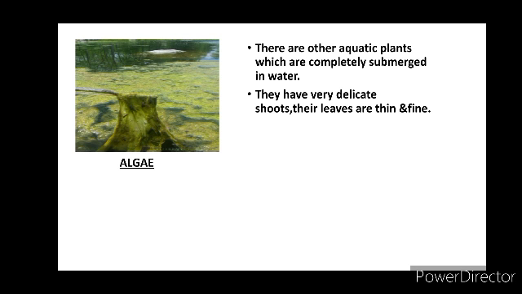There are other aquatic plants which are completely submerged in water. They have very delicate shoots. Their leaves are thin and very fine. These plants sway with the current of the water.